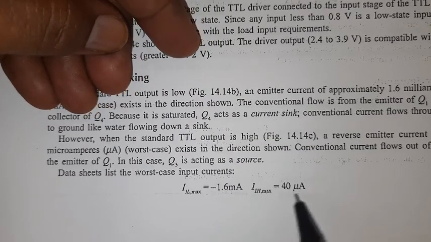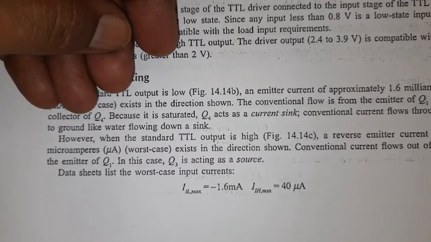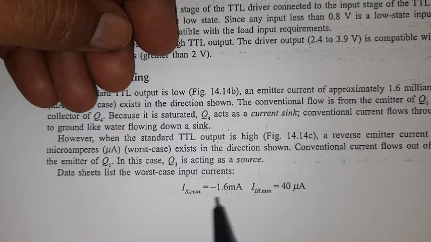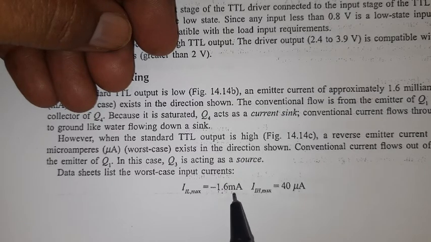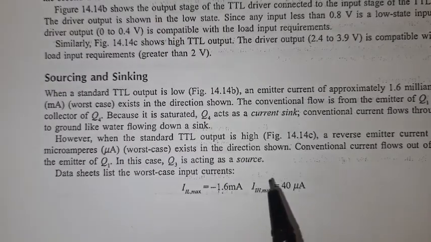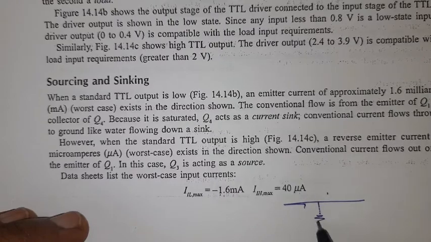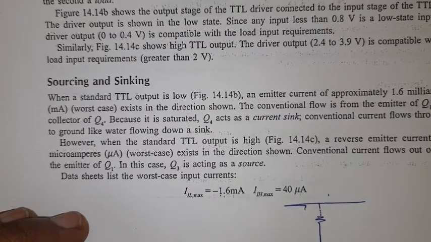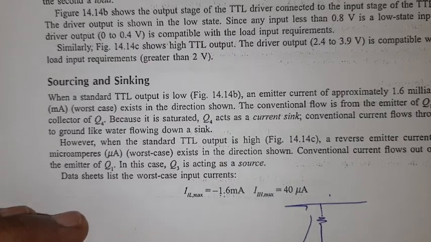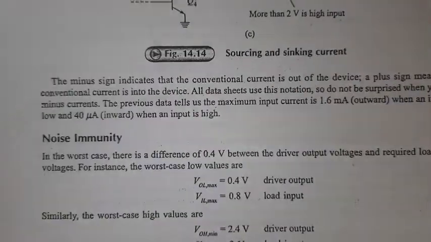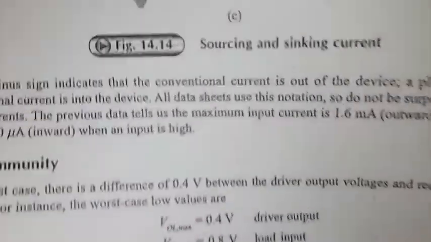This is the maximum sourcing current. In the case of the input, it can provide a current of 1.6 milliampere. You will observe that the input stage is a transistor, something like this. This is high, and then there is a resistance. This is the base of the transistor, and this is the input. Therefore, the current will flow out of the input, and this current is minus 1.6 milliampere. The negative sign is for the direction of the current.